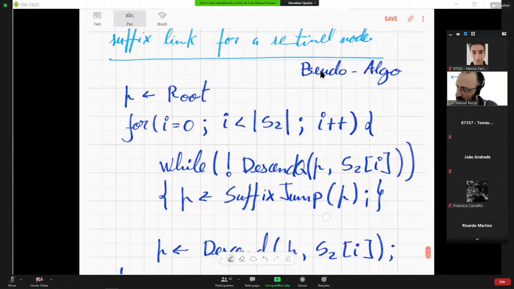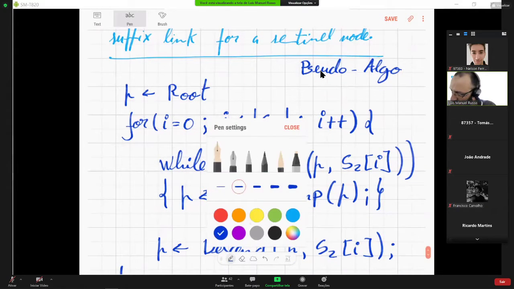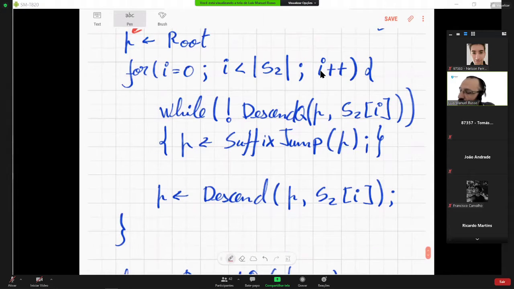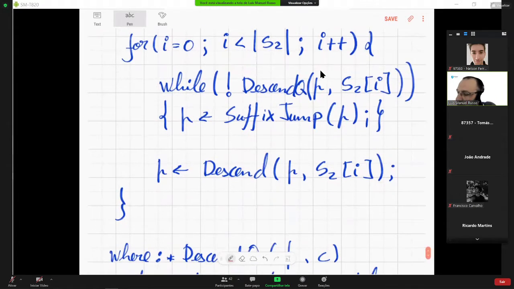I haven't said that, but this is a point. By being a point, it means that it could be a node, but it doesn't have to be a node. It starts at the root. While you're not able to descend, you do this suffix jump thing, which basically means go up. And then if you're able to descend, just descend.